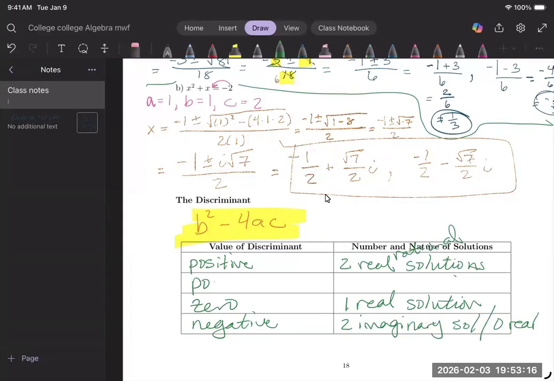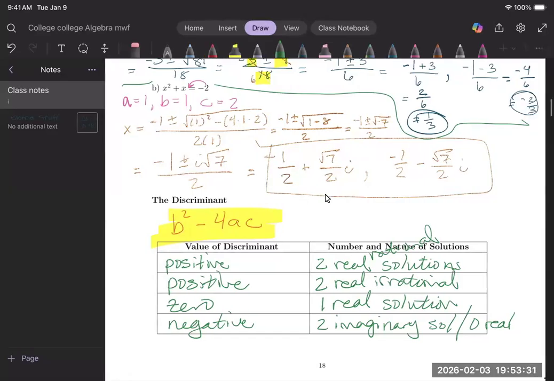And if I have positive, I can have 2 real irrational. Basically, long story short, rational means that you get rid of the square root. Irrational solutions basically mean you have a square root left over in the answer.